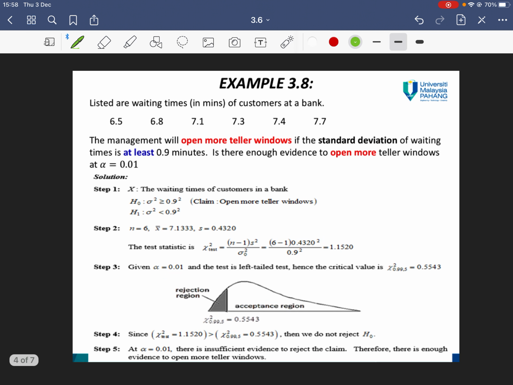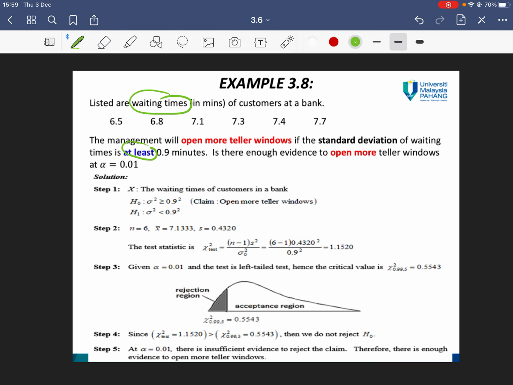Example 3.8. Listed are waiting times in minutes of customers at a bank. What is the variable? The variable is waiting time. The management will open more teller windows if the standard deviation of waiting time is at least 0.9 minutes. Is there enough evidence to open more teller windows at alpha 0.01?